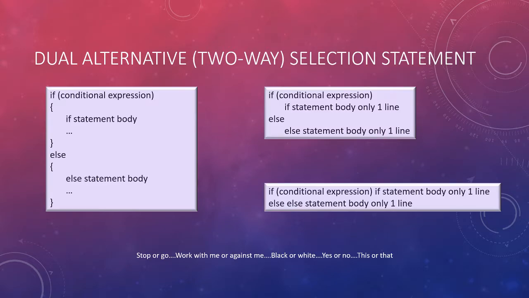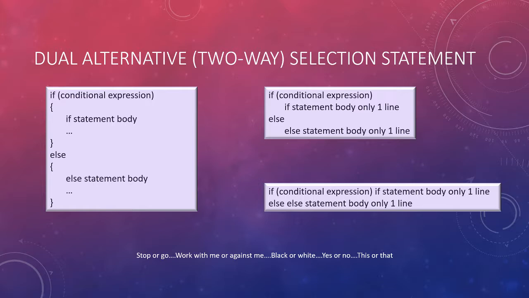Sometimes we need things to do alternative things, so we need a dual alternative or a two-way selection statement. We can do that really easily by adding an else clause to an if statement. So our syntax is our standard if statement followed by the keyword else. The keyword else then has opening and closing curly braces that enclose its body, all of the code that will be executed if the else statement is chosen to be executed.